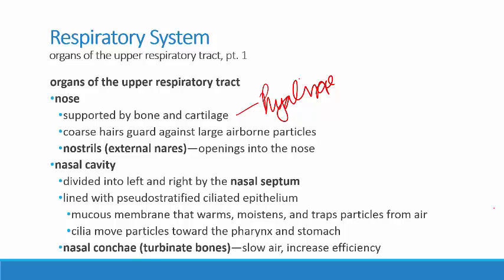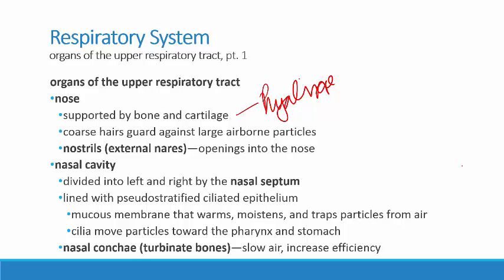So the guard hairs do a great job of slowing down the flow of the air enough that large particles don't get breathed deep into the body. The nostrils, or the external nares, these are the openings into the nasal cavity that allow us to breathe in the air that's around us.